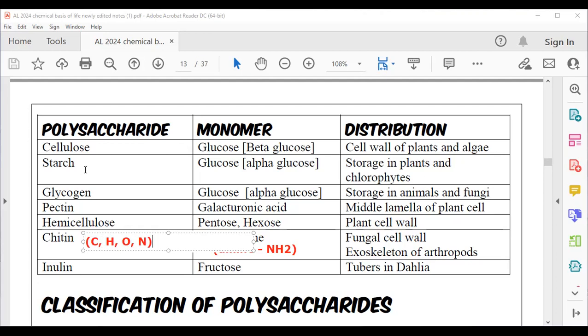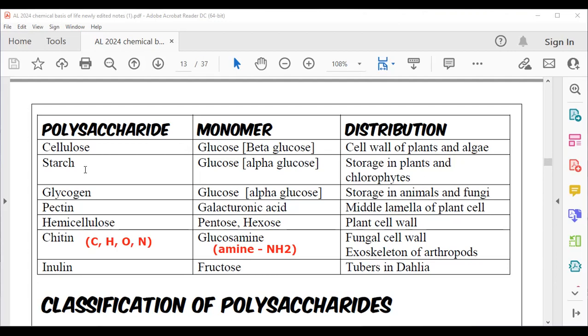Clear? Clear, sir. Others don't have. Others have only carbon, hydrogen, and oxygen as usual. But this is special, right?